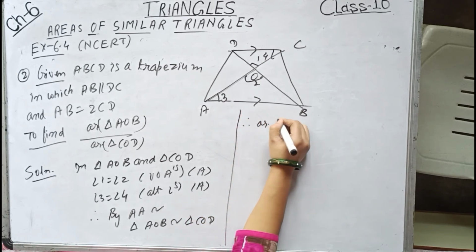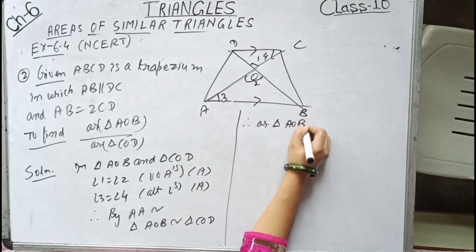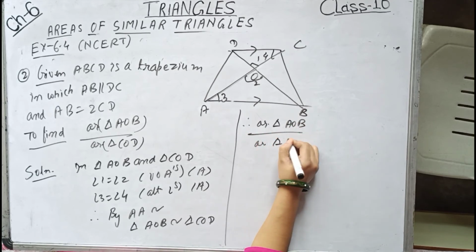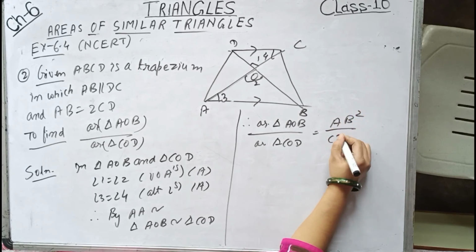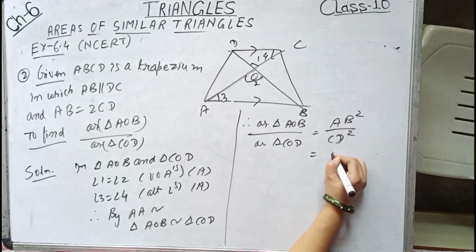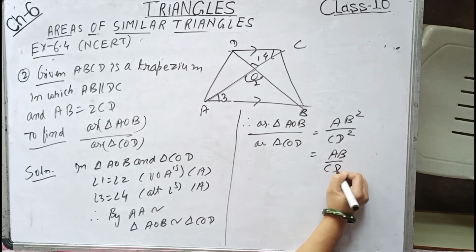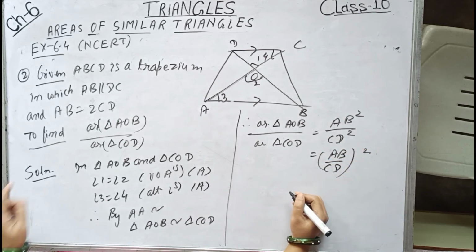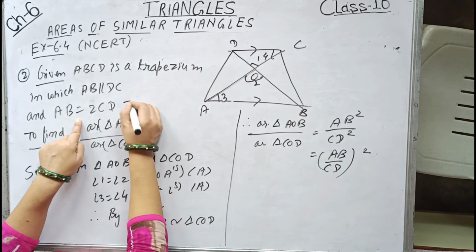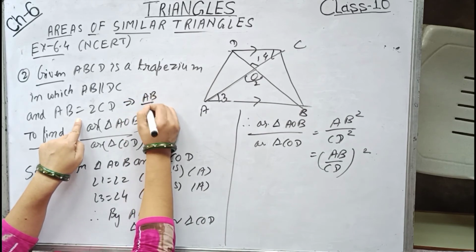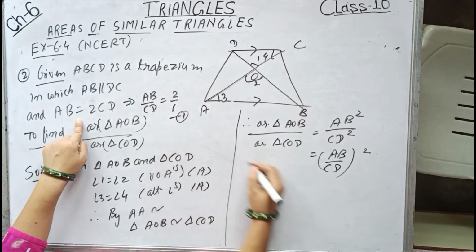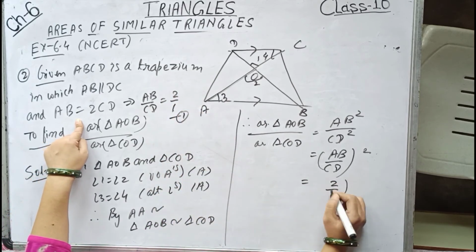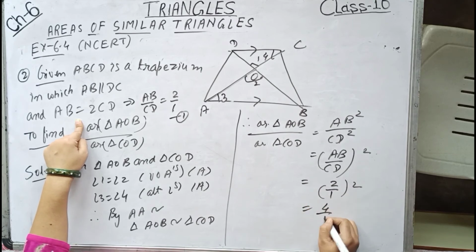Therefore area triangle AOB by area triangle COD equals AB square by CD square equals AB by CD whole square. Now AB by CD equals 2 by 1, so 2 by 1 whole square equals 4 by 1 equals 4 is to 1.